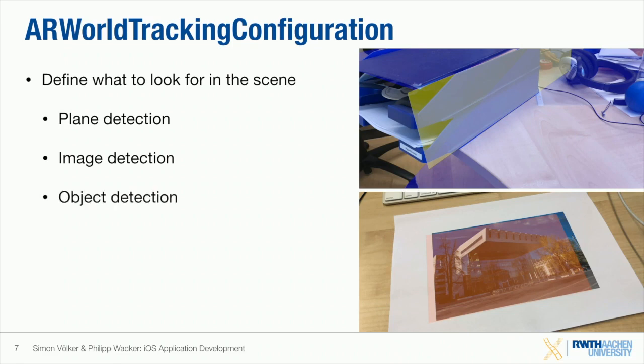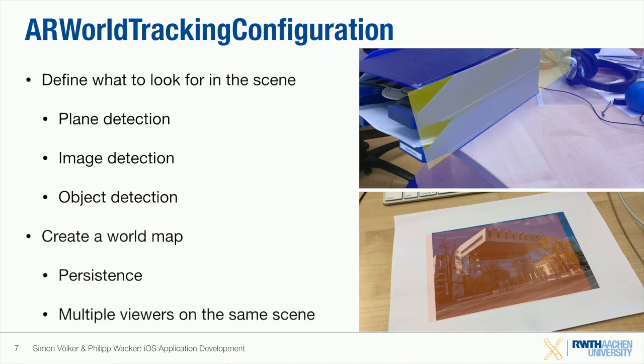Like I said, you can also track different objects in the scene. And something else that the world tracking configuration allows you to do is create a world map, essentially a description of the surrounding area that you can then use for persistence. Meaning if I now close the app, leave the room, come back later and start it up again, the elements stay at the position they had before.